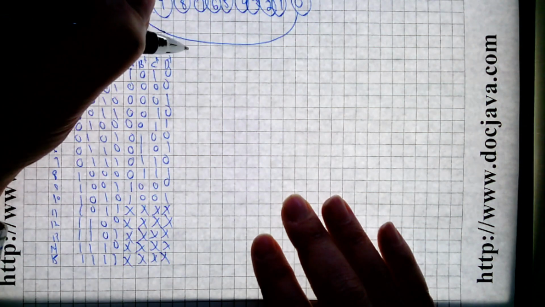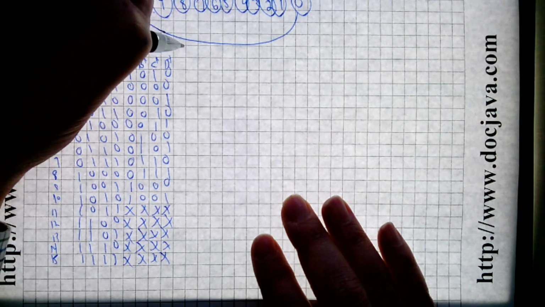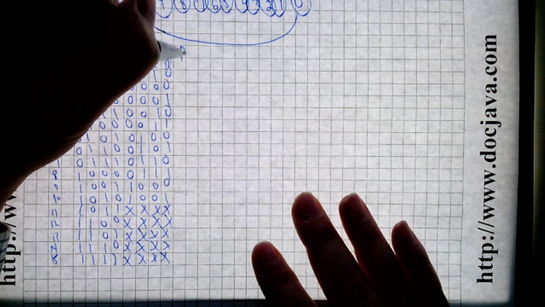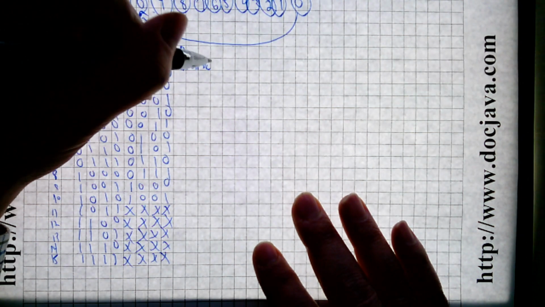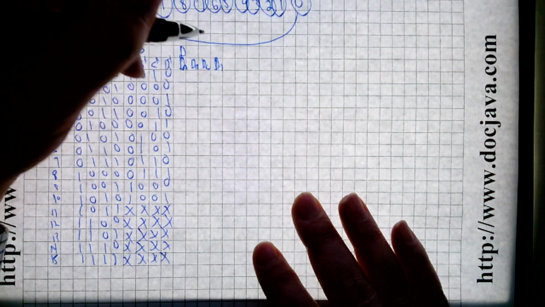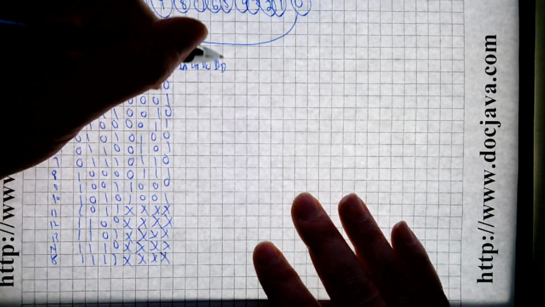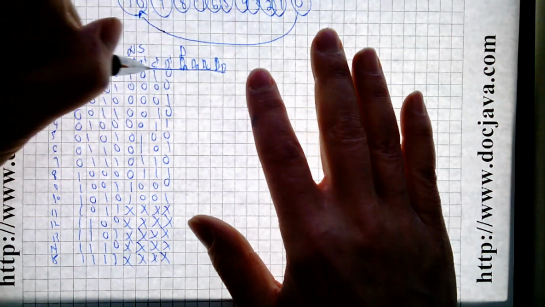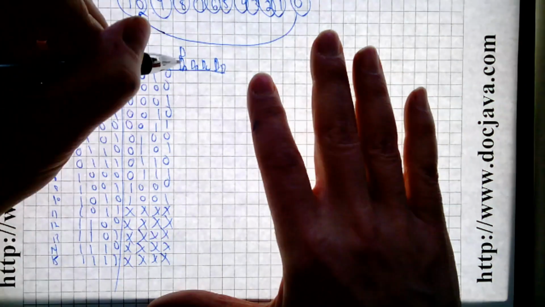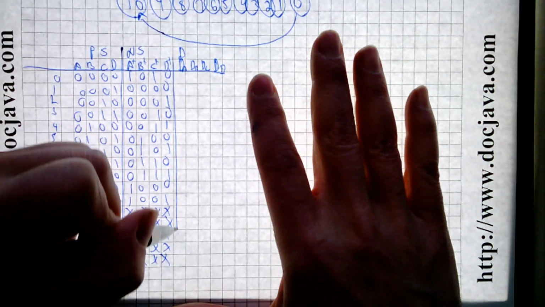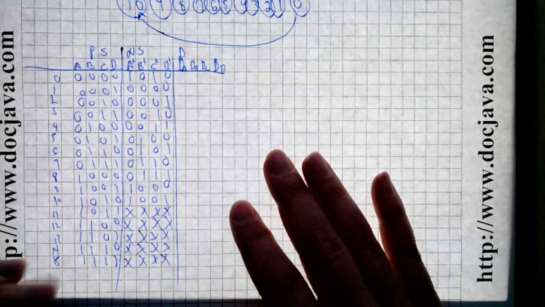Now comes the implementation. Let's pick D sub A, D sub B, D sub C, and D sub D, I guess. So now I can just copy over.